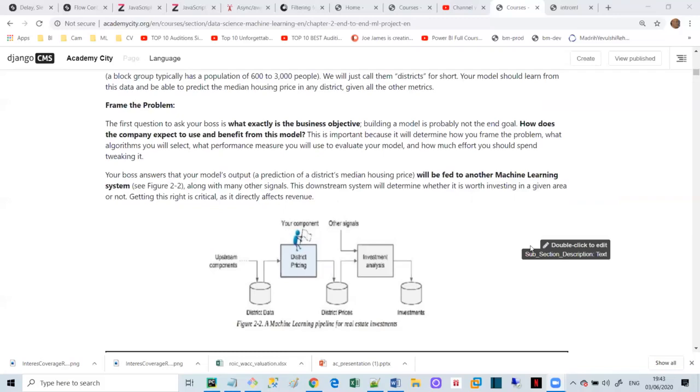For example, cheap housing, medium price, mid-upper prices, and very high prices. Is that enough for you, that I will give you a model that can predict the category that the housing price is going to be in that specific district?